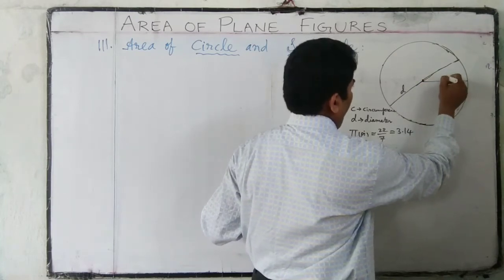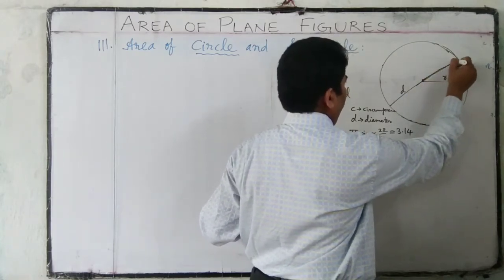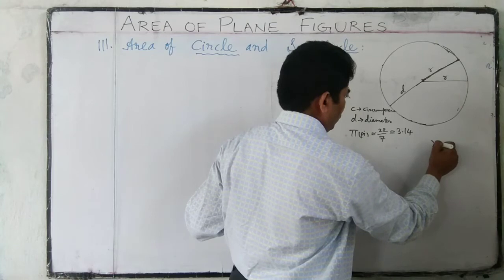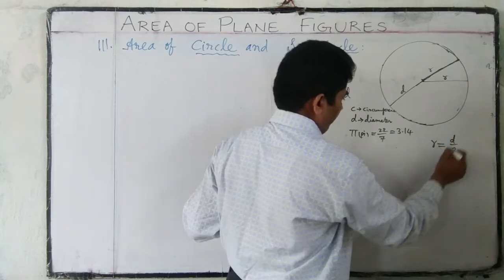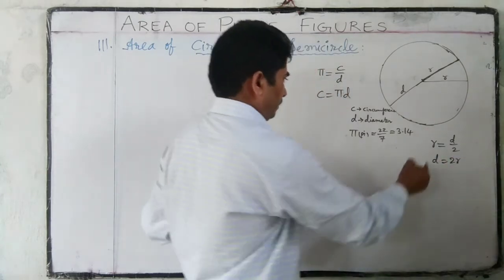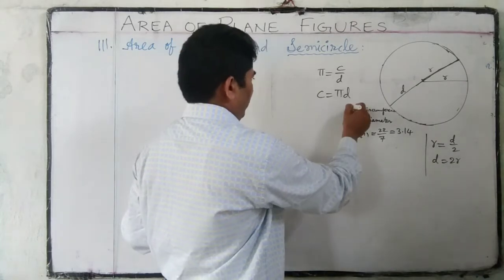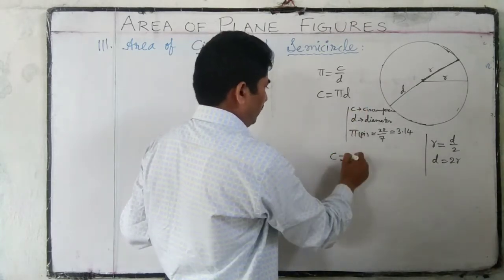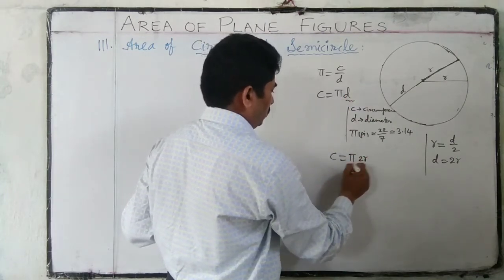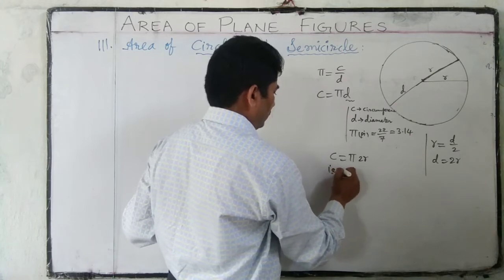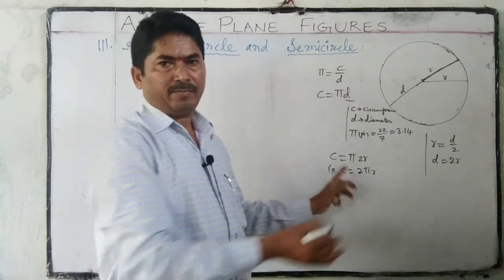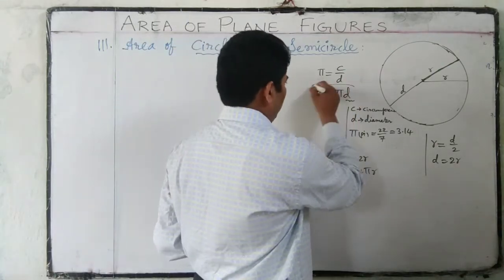This is a radius, this is also a radius. Radius is half of the diameter, or D is equal to twice the radius. So we can substitute in this: C is equal to pi in place of D, 2r. That is C is equal to 2 pi r. Always we write the constant before the variable. So this is one formula.